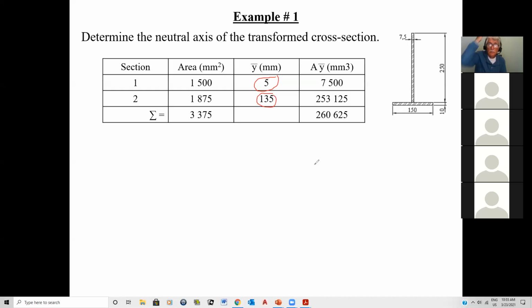So is that the distance from the x-axis? The x-axis, yeah, the distance from the x-axis, exactly. But now, why? Are you telling me that this is the x-axis?